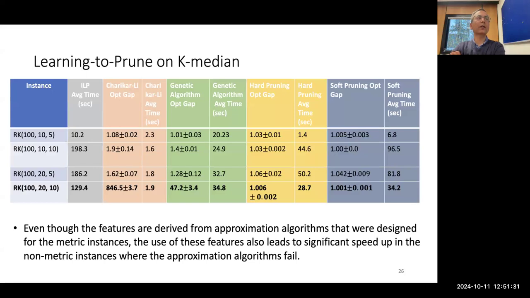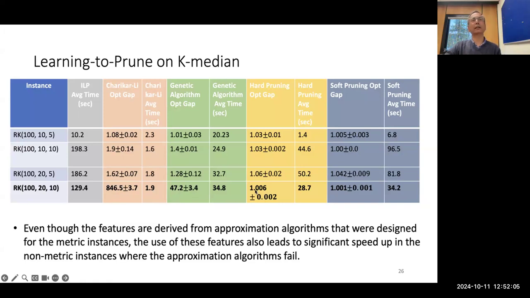And what we saw was on some fairly difficult random instances, non-metric instances, where the approximation algorithm of Charikar-Li fails completely, there is a huge optimality gap for this approximation algorithm because this is a non-metric instance. This algorithm was not designed for non-metric instances. Even the bespoke genetic algorithm was performing extremely poorly on this instance.